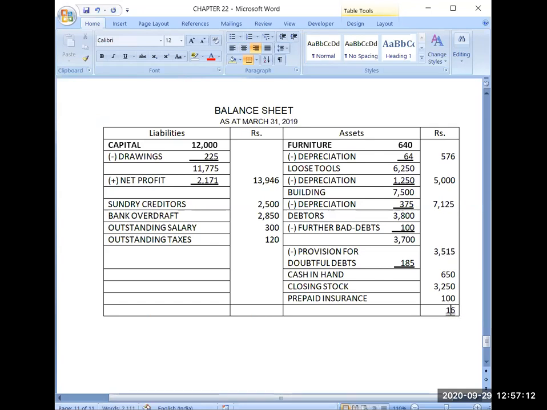So 1 will come here and 2 will come carry on. 7 plus 1 8 13 19 21 22. So 2 plus 5 7 7 14 3 17 3 20. So that way the total of the balance sheet will be 20,216.